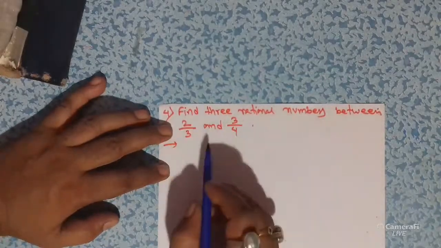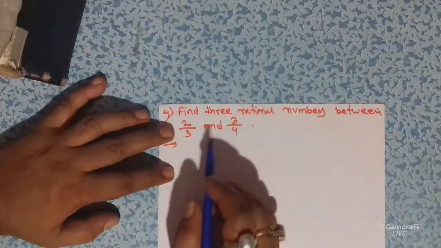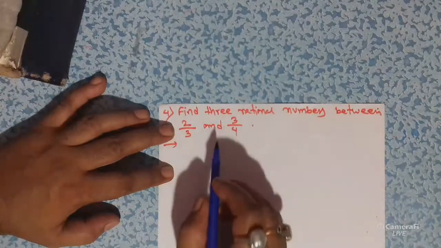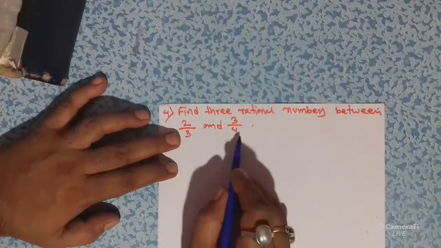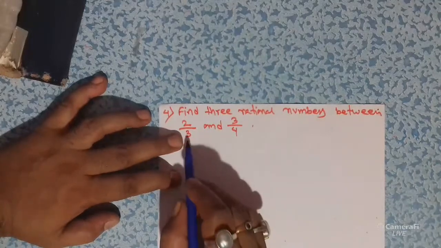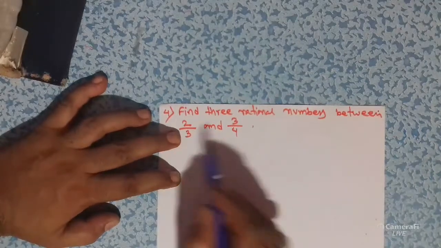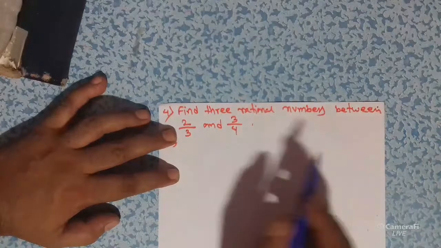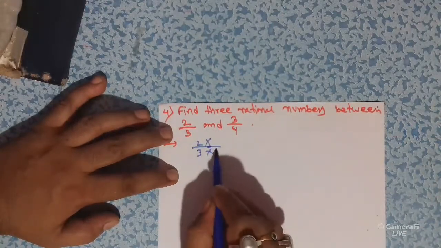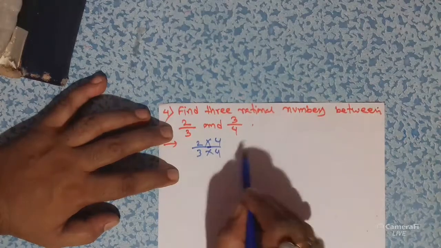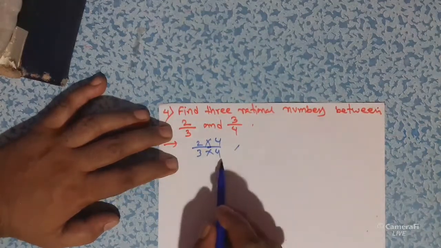So at first we must convert both the rational numbers into same denominators. So we must multiply it. Here you can see that it is 3 and it is 4. So we must multiply it by 4 and it should be multiplied by 3. So 2 by 3 multiply 4.